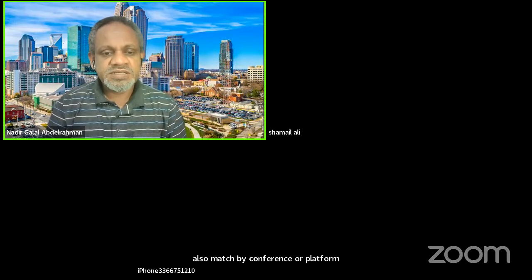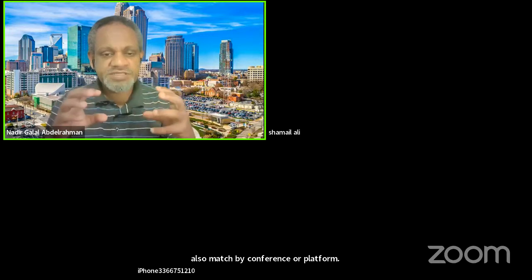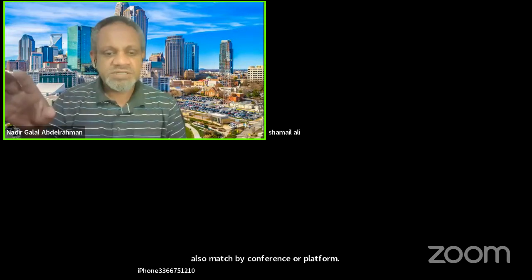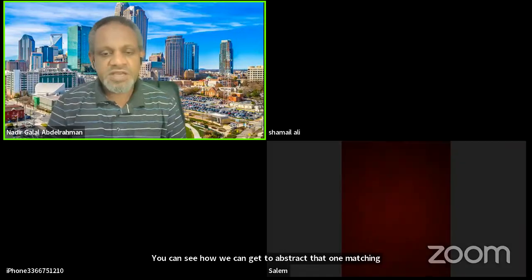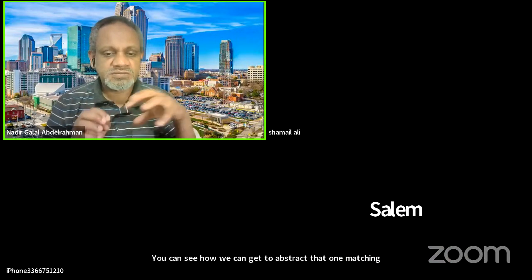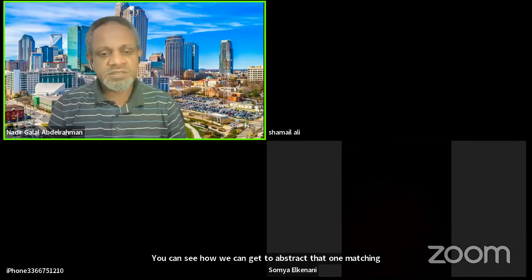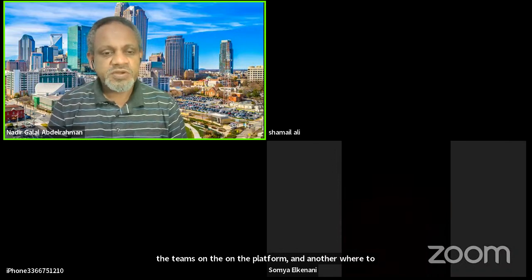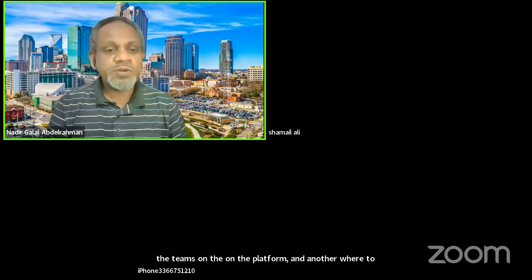So you can see how you can get two abstracts out of your data, one matching the themes of the conference and another way to present it into the side conference, for example. And we did that in the past.